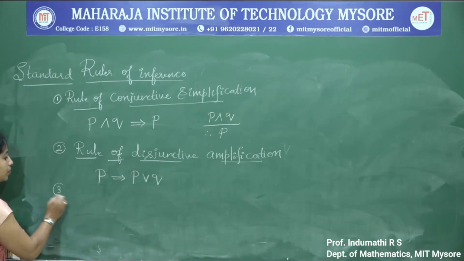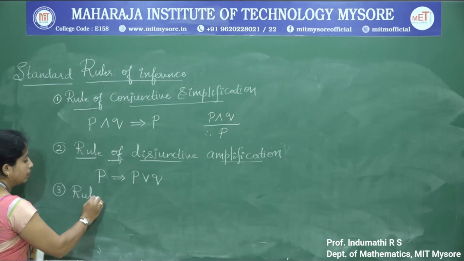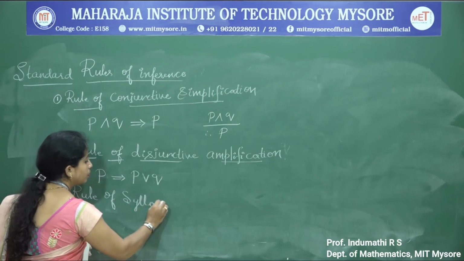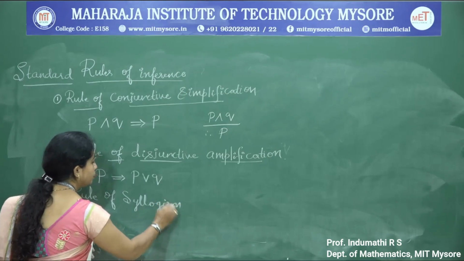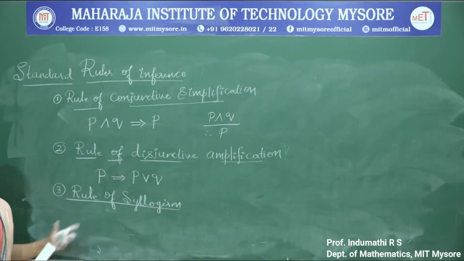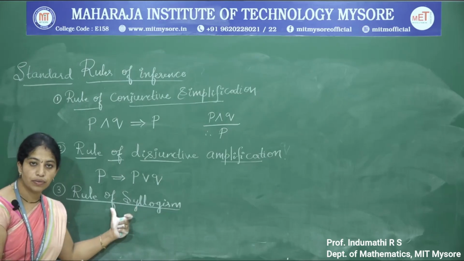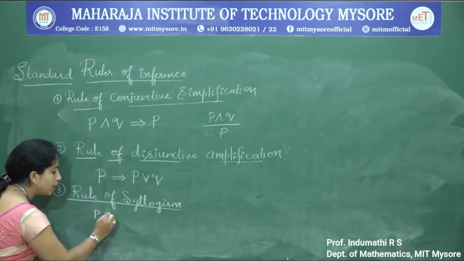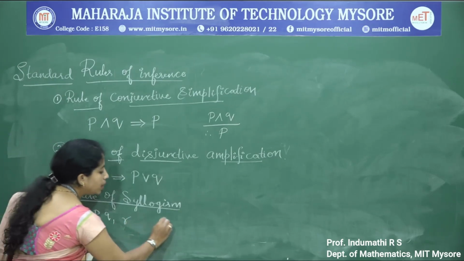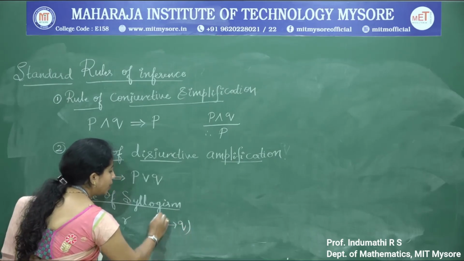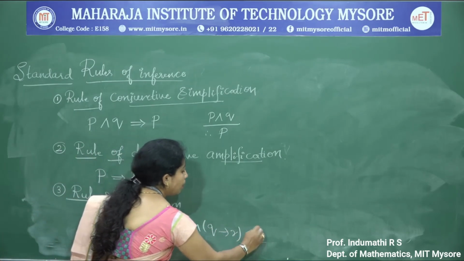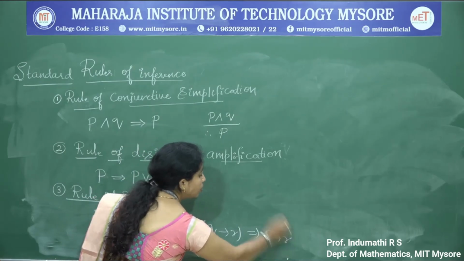And the third one is rule of syllogism. Now what is that rule of syllogism? For any three propositions P, Q and R, if P conditional Q is true and Q conditional R is true, then P conditional R is true.